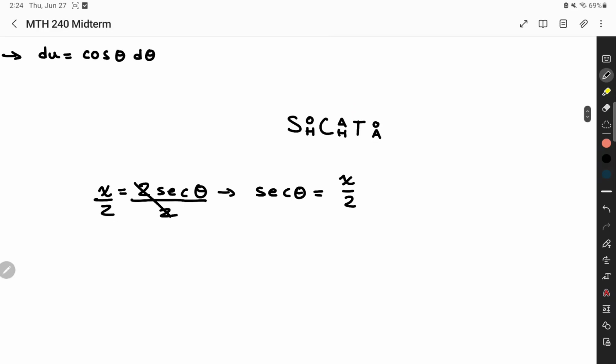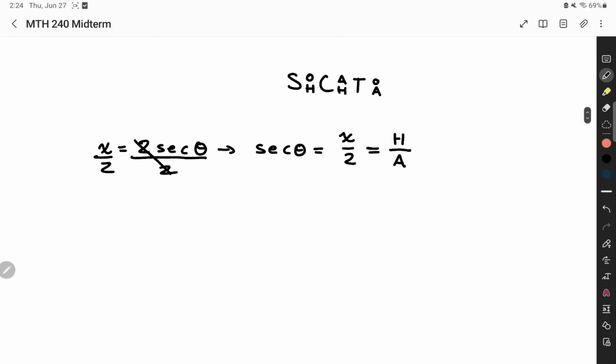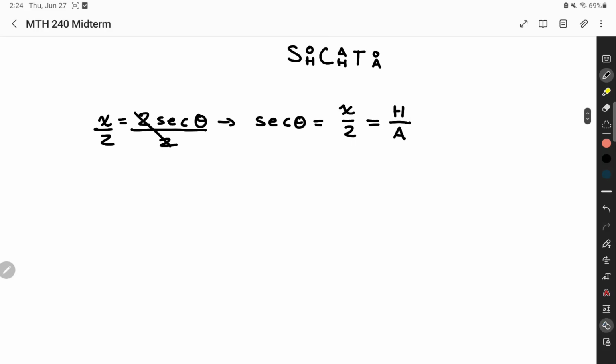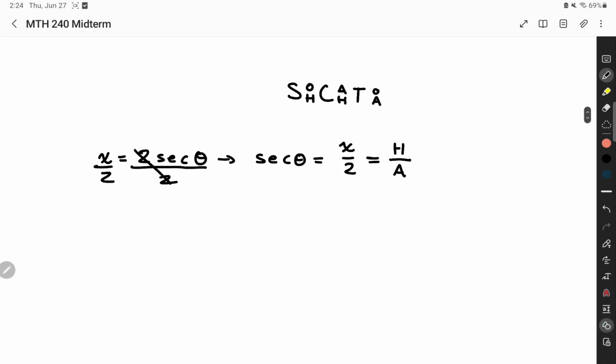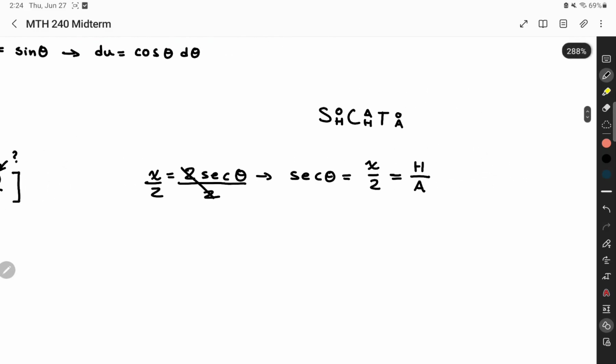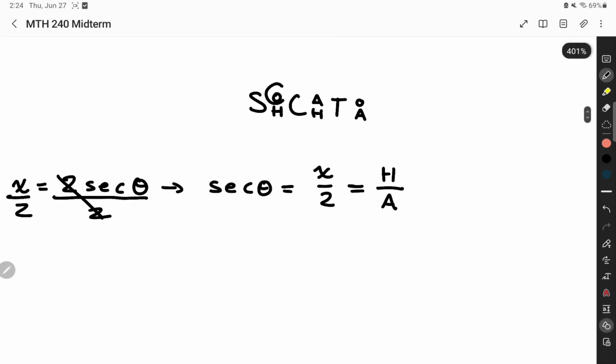So that means if we were to take the reciprocal, that would technically mean that this x is our hypotenuse and this 2 is our adjacent. And from that, we can now form a triangle to help us find what we actually need, which we know is that we have to write this in terms of sine theta. So we would need our opposite. We already have our hypotenuse, but what is our opposite?